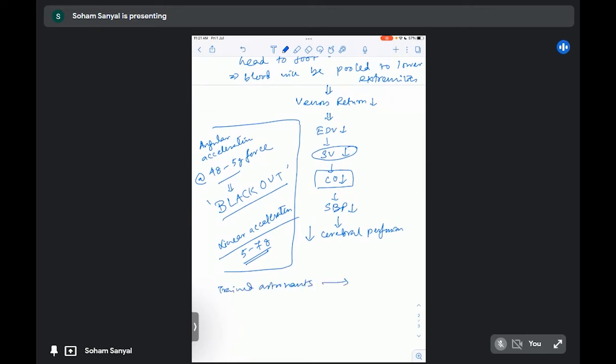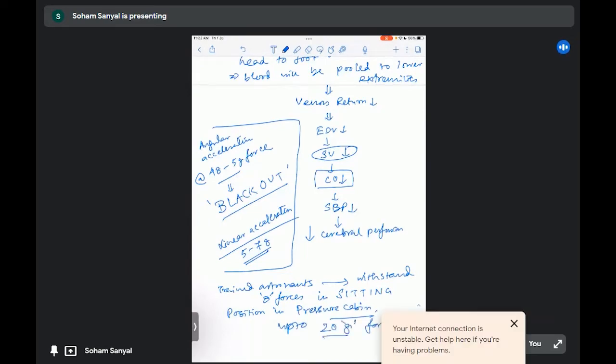So very trained astronauts can withstand G forces in sitting position. This is very important. In sitting position, in a pressure cabin, up to 20 G force.